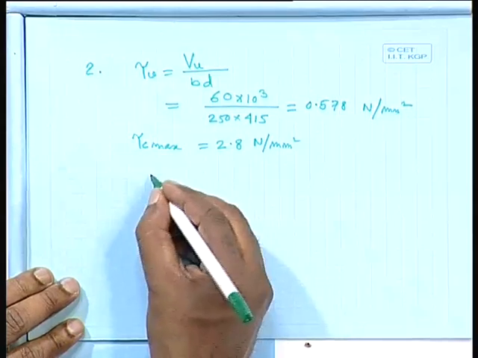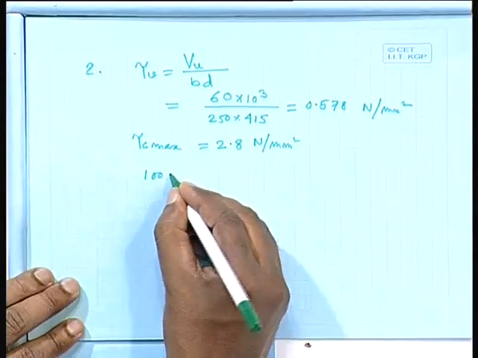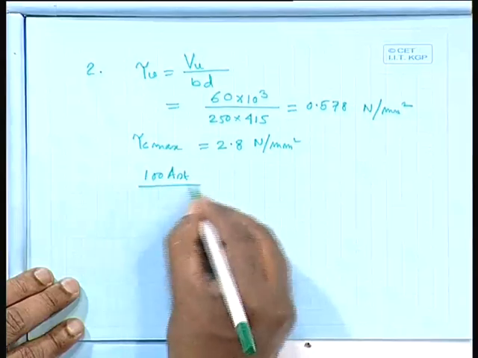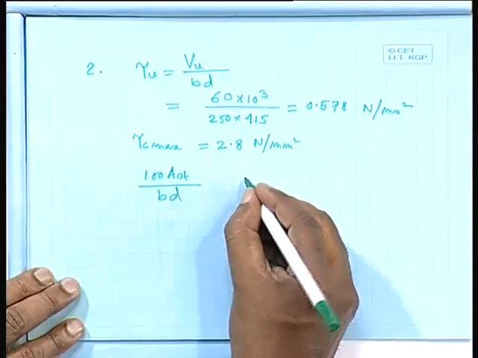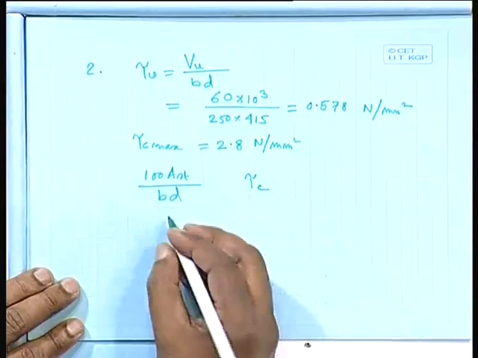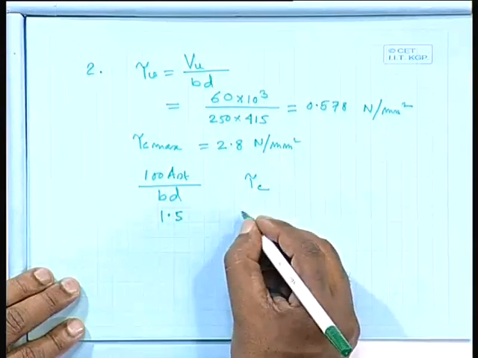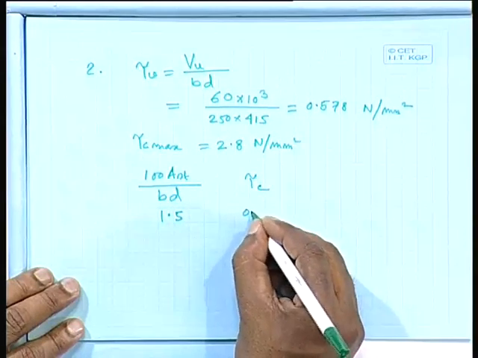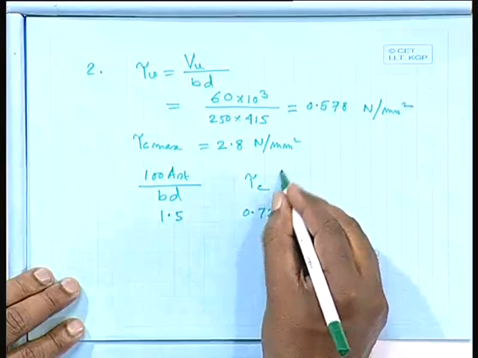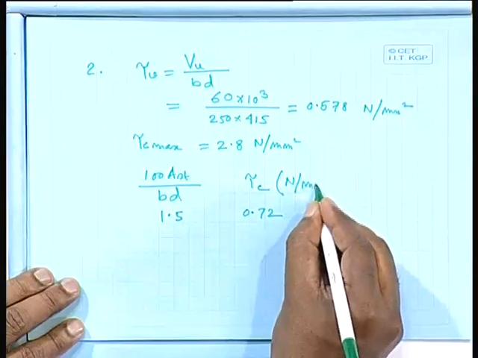From table 19 we shall get 100 AST by BD and tau C. For 1.5 we are getting 0.72, and for 1.75, 0.75, in Newton per square millimeter.